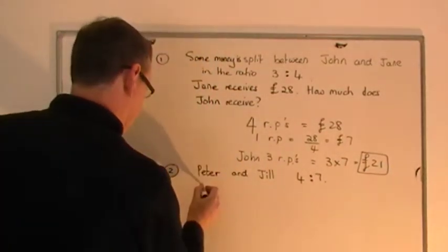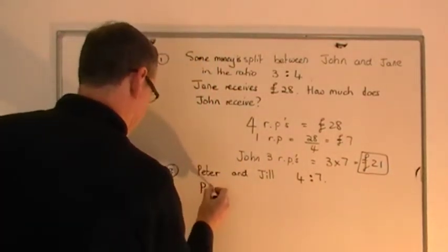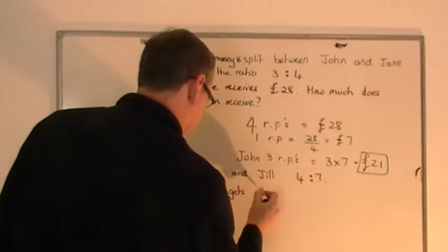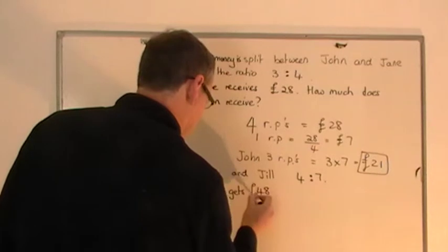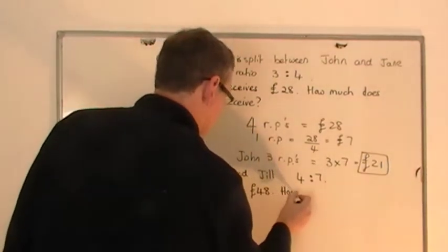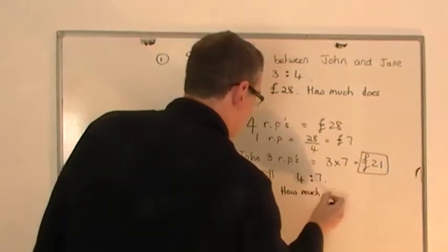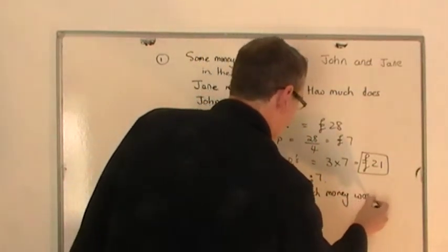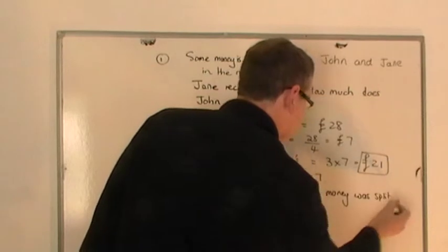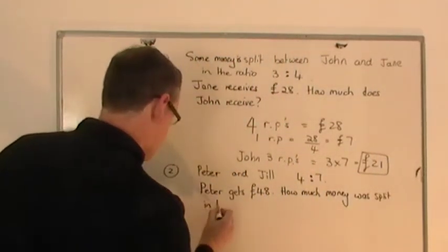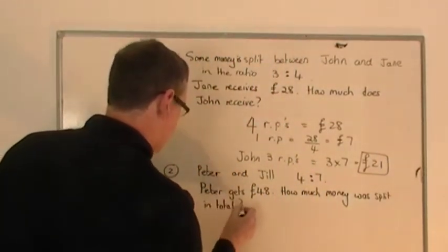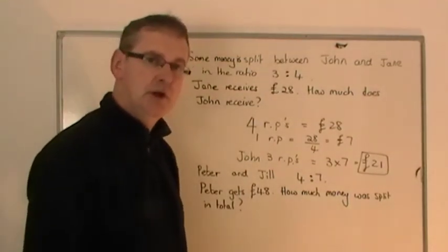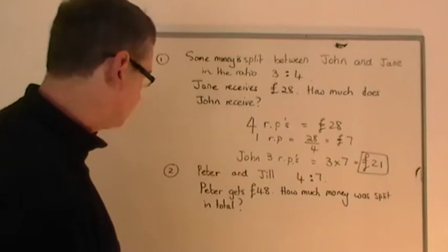Let's say that Peter gets £48. How much money was split in total? So this time I don't want to know what the other person gets, I want to know how much money in total there was that was being split.